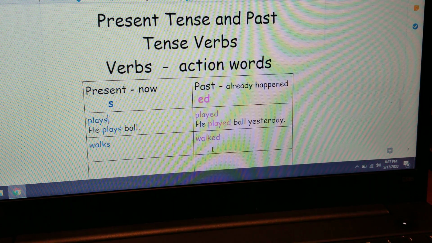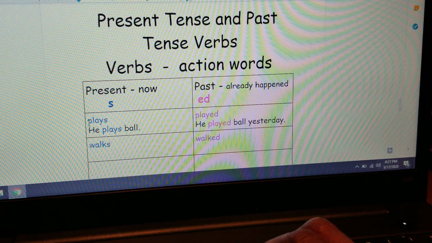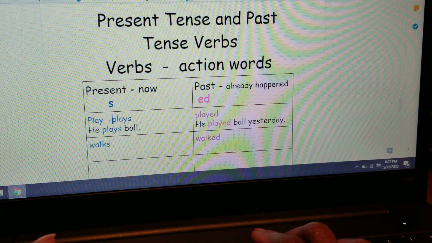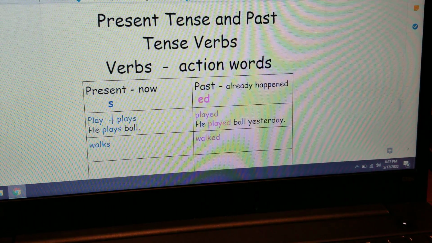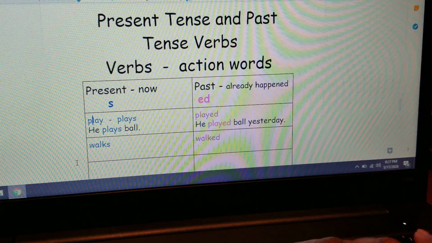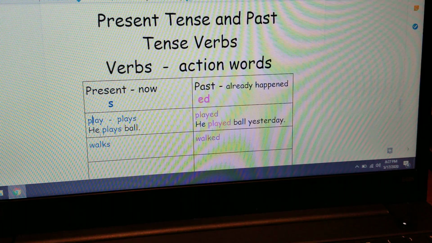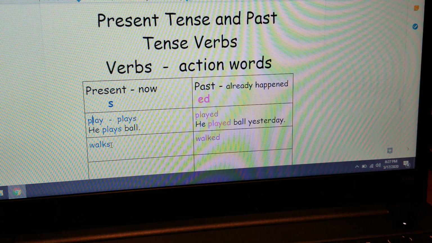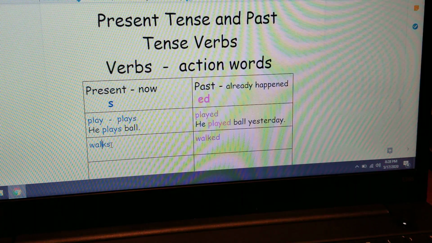Okay? Let's try this. We're going to put play. And so you'll see that play becomes plays. And then I can use it in a sentence. Let's try this. Help me with this one.